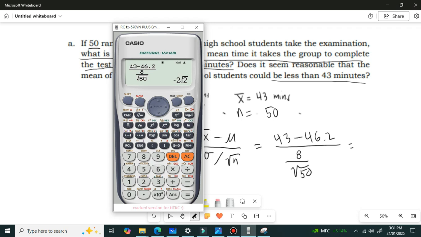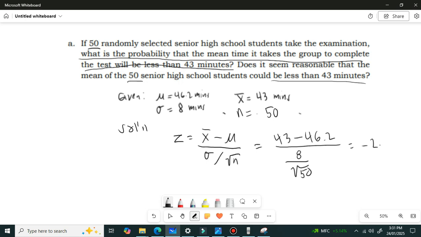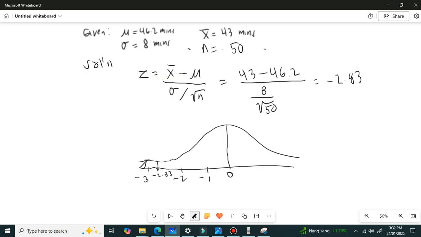This will give us negative 2.83 in 2 decimal places. Our curve looks like this, and since we find the probability of z less than negative 2.83, we shade the left part of negative 2.83 until negative infinity.